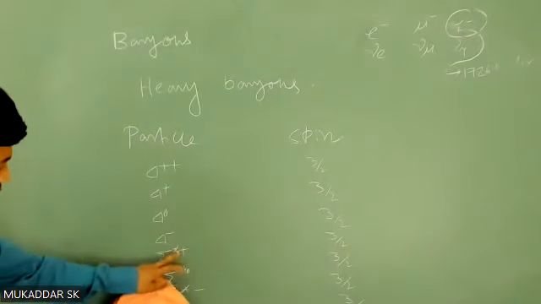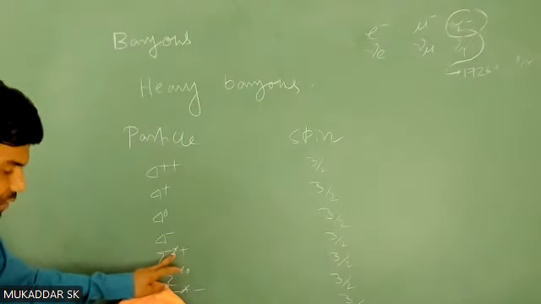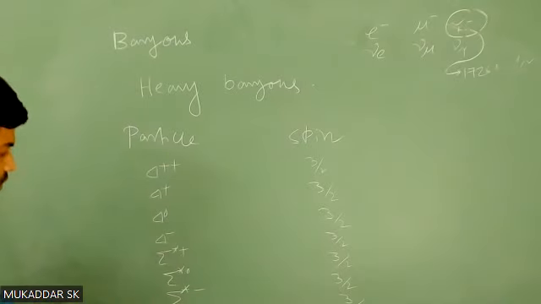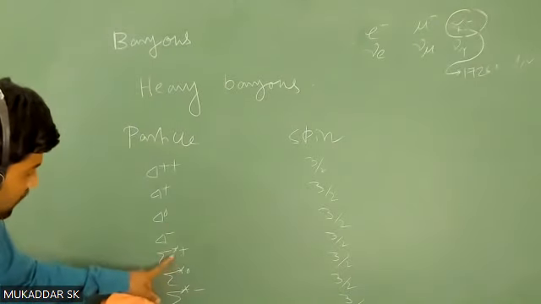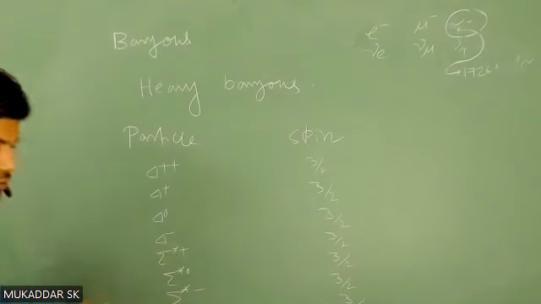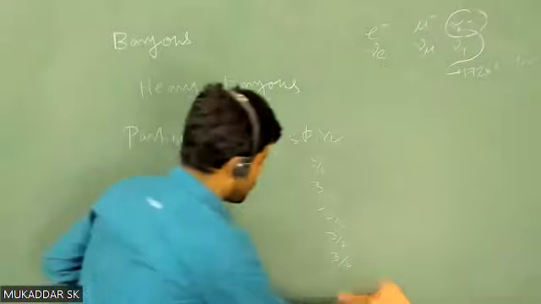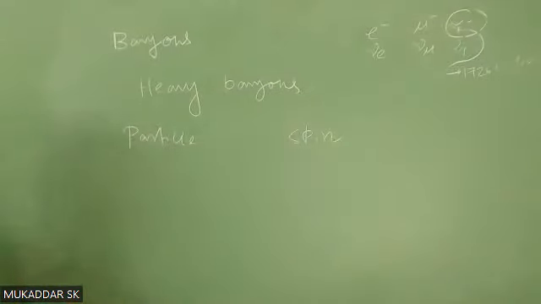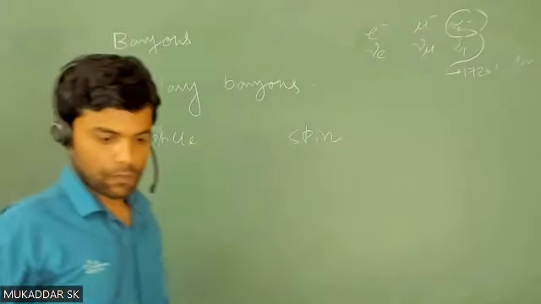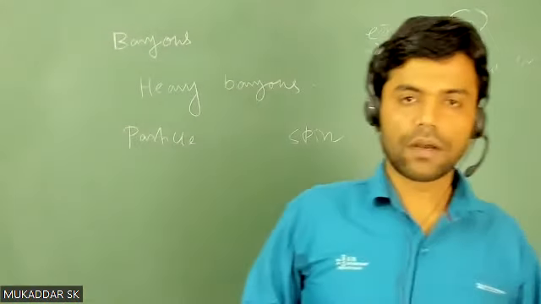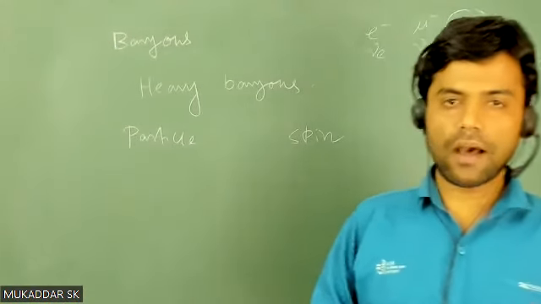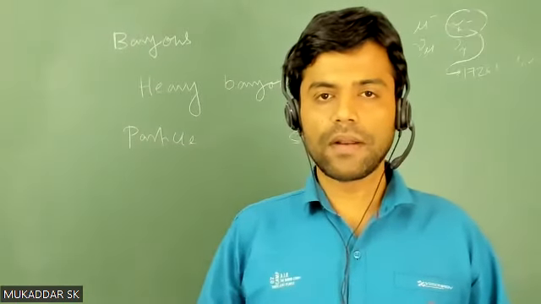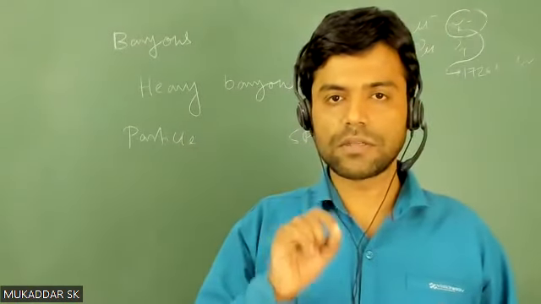ठीक है, so what is the meaning of sigma plus star? What is the difference between star and the original sigma plus? Excited state. Star means found in excited state, so they will be heavier as compared to sigma plus or sigma 0 or sigma minus. So that's why we are using that symbol star here, and their spin is also different. हाँ, जैसे आपने देखा हो ना, हाइपेरॉन्स फैमिली में मैंने लिखा था सिग्मा प्लस, सिग्मा 0, सिग्मा माइनस.